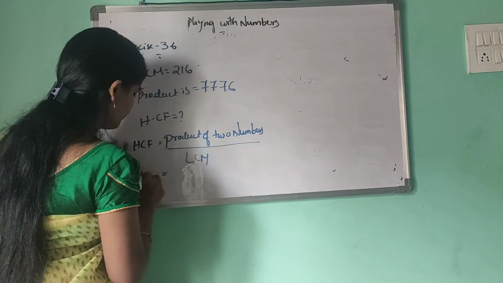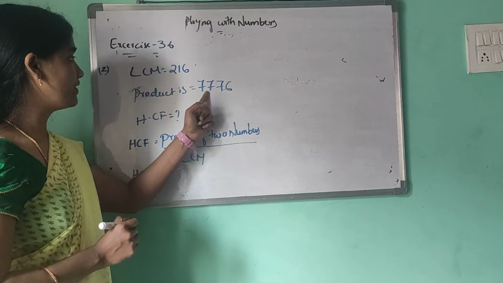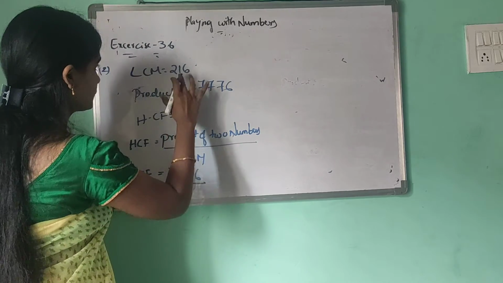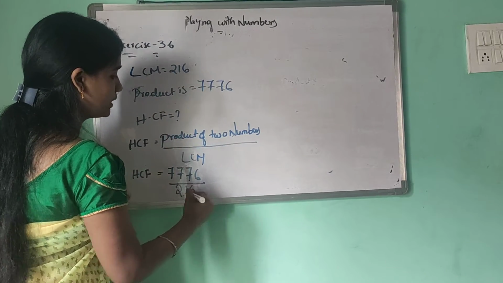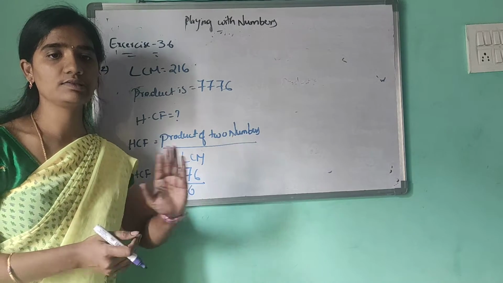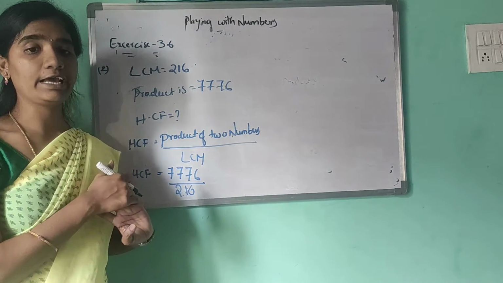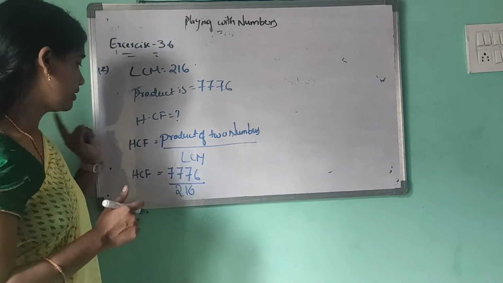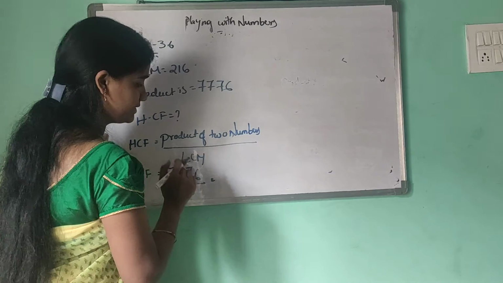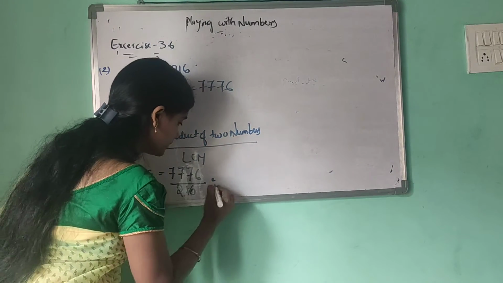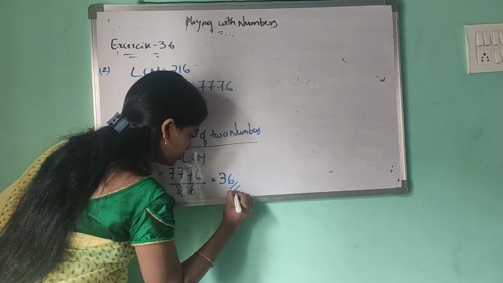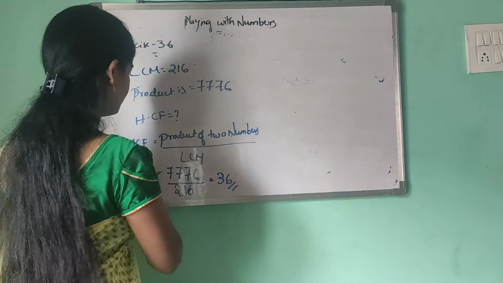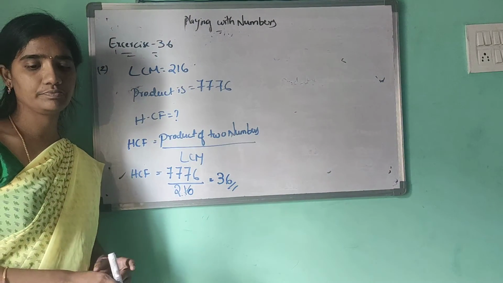The product of two numbers is 7776, by the LCM value 216. How many times is 7776 divisible by 216? 36 times. So HCF is equal to 36.